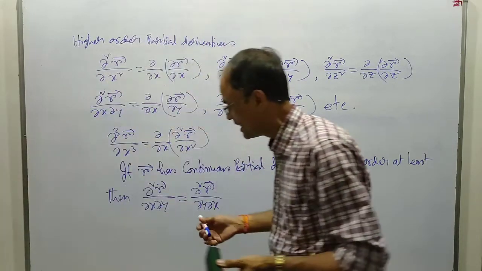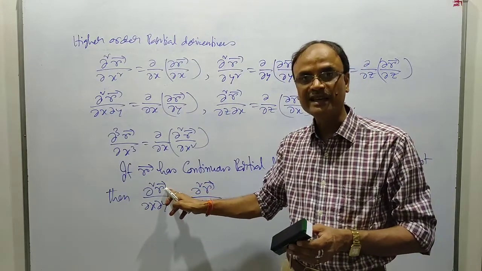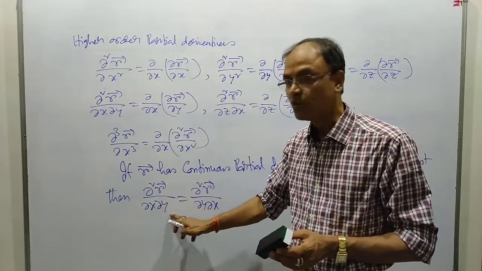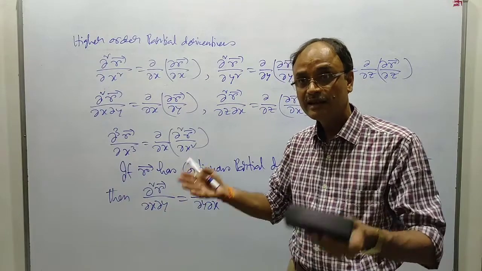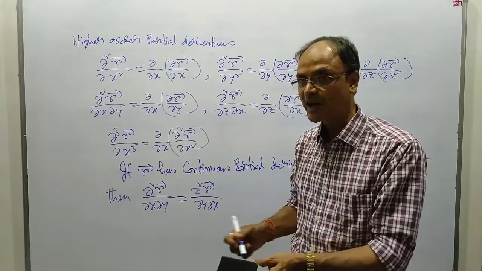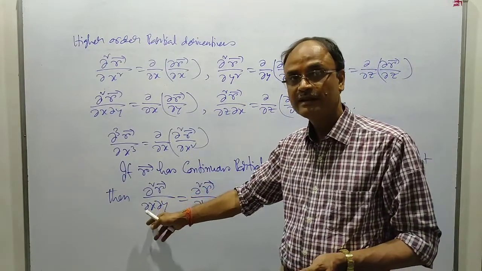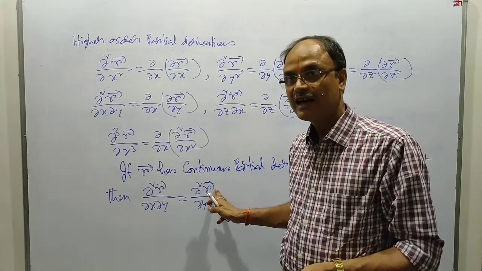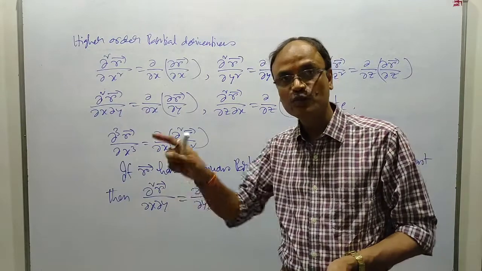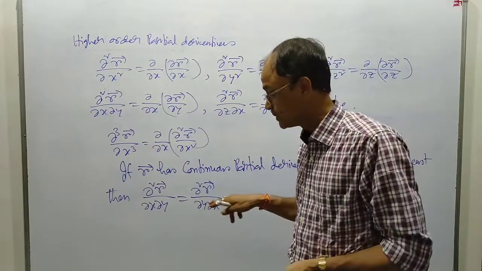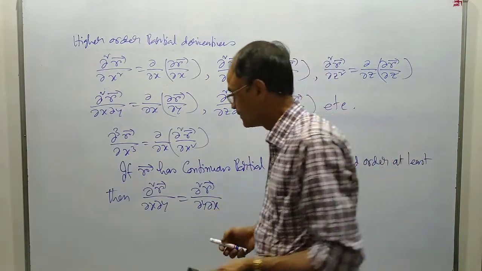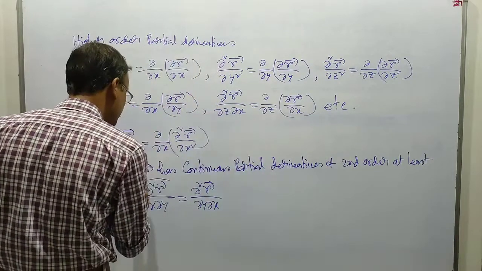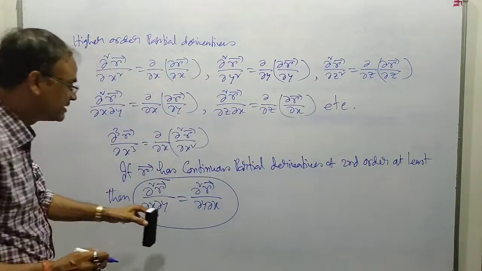This means first you differentiate R vector partially with respect to y, then differentiate del R del y with respect to x. The result will be the same if you first differentiate R vector with respect to x, then differentiate this partially with respect to y.